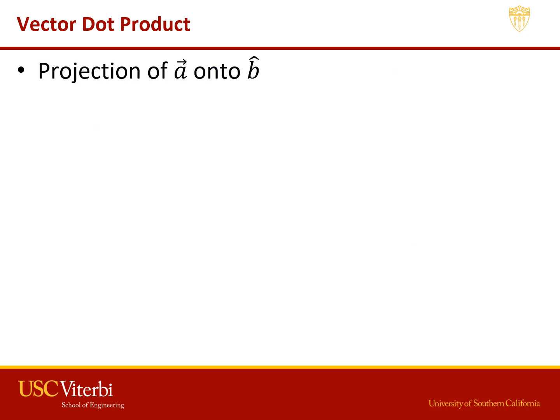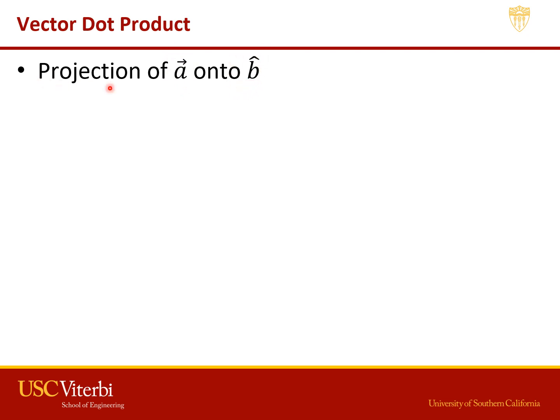Cool. All right. The other thing that a dot product is useful for, and you'll hear this term pretty often, is projection. We will say that the dot product is a projection of one vector onto the other. And you will see that this first vector, I've given it an arrow, so that means it has some magnitude. And the second one is a unit vector.